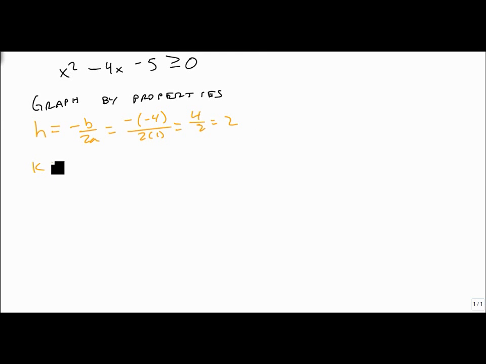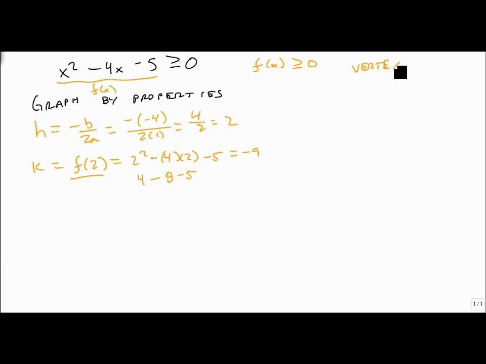We then find our k by plugging in the 2 that we just found to get 2 squared minus 4 times 2 minus 5. And we're cheating a little bit because we're saying this is f of x, and we want to know when is f of x greater than or equal to 0. That's why we can do this. We get 4 minus 8 minus 5, which is minus 4 minus 5, which is minus 9.